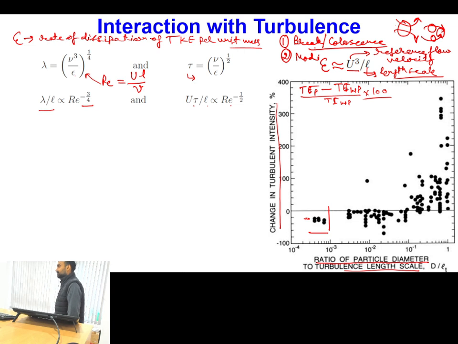What does it mean? It means that the presence of particles has decreased the turbulent intensity.